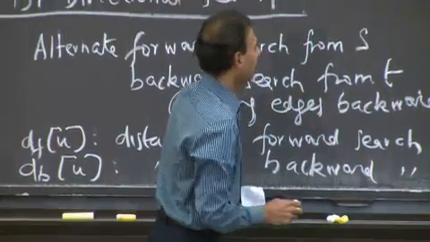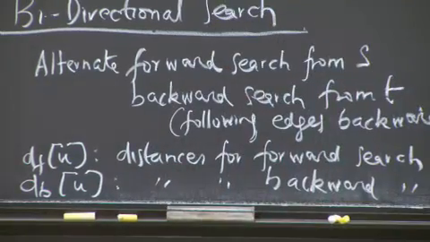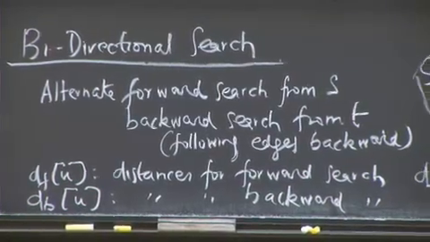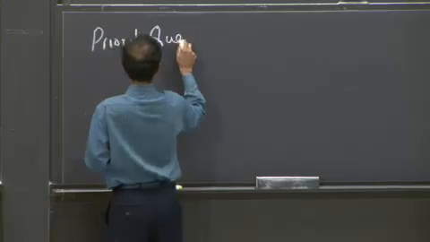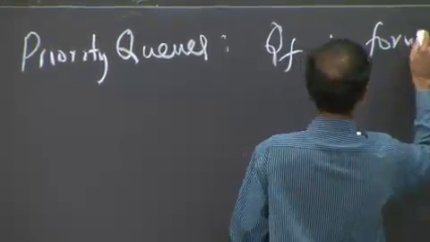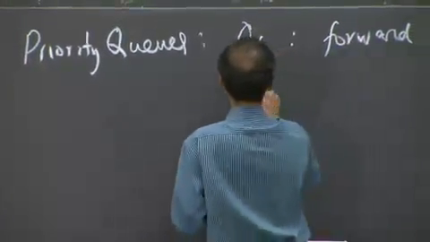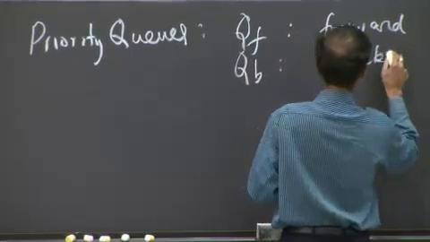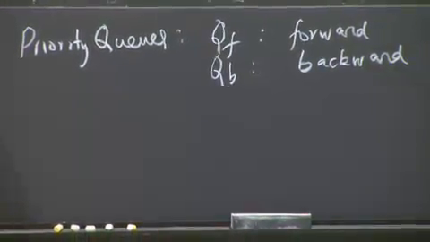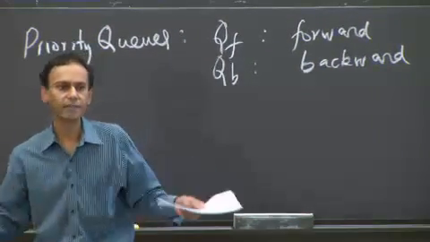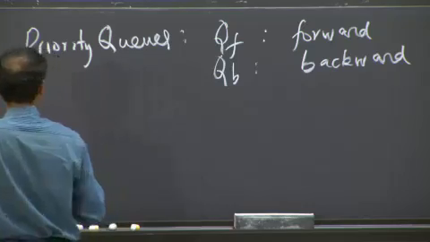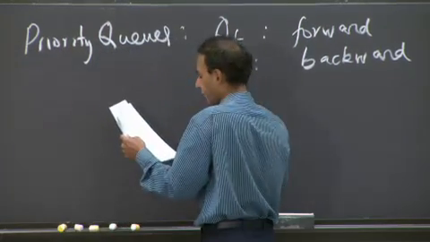And of course, we're going to have priority queues, plural, QF corresponding to the forward search, and QB corresponding to the backward search. In initialize, as I said before, we're going to initialize D_F of S to be 0 and D_B of T equals 0. Everything else, the D_F's and the D_B's, are going to be infinity. All right? Okay, great. So that's what we have here.